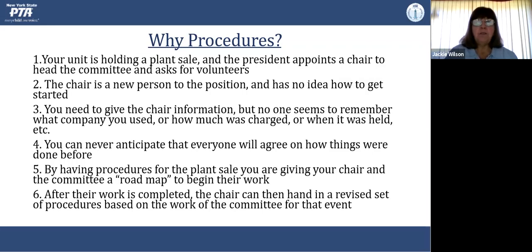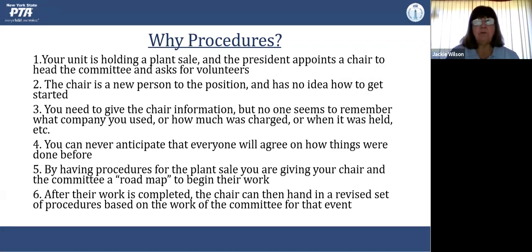If you have procedures, then obviously there is no question about how that person will get started or that committee will begin its work. And as things go on, if things don't work out, if things get changed, the committee chair will come back with procedures that reflect what was done that year. It may be very much the same as what was done previously.